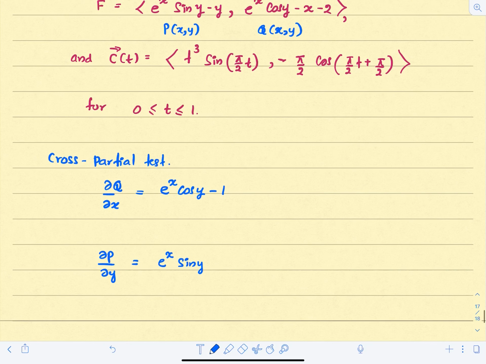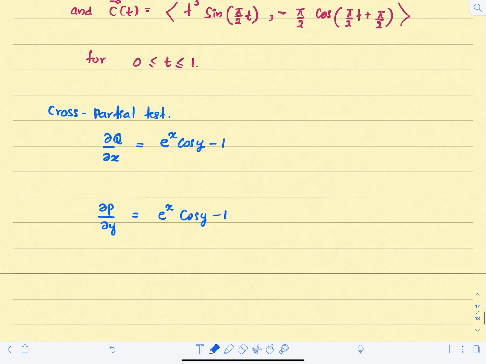The derivative of sine y is cosine y, minus 1. As you can see, partial Q over partial x equals partial P over partial y. This means the given vector field is conservative.